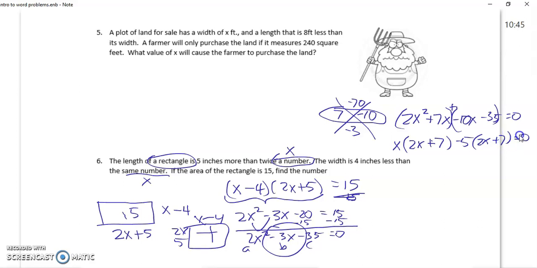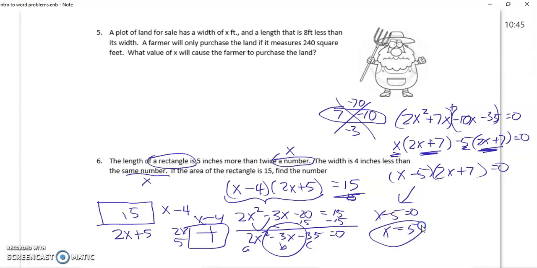You'll notice that 2x plus 7 is a common binomial left, and then the x and the negative 5 combined for the other binomial. That was the GCF. Now I can split and solve these. So I go x minus 5 equals 0, and I solve it, I get x equals 5. That could be one of the numbers. The other one is 2x plus 7.